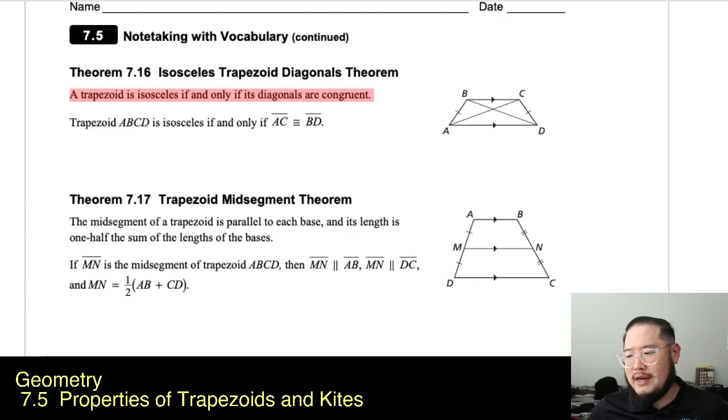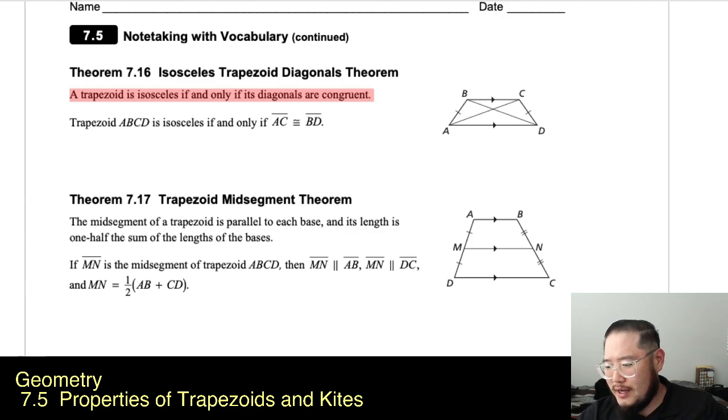So that is what we need to know right here. A trapezoid is isosceles if and only if its diagonals are congruent. And that's what we'll know about the diagonals only in an isosceles trapezoid. In a regular trapezoid, that may not be the case.